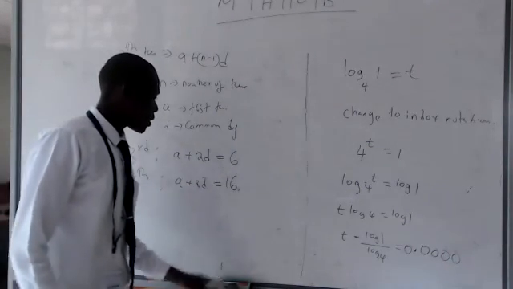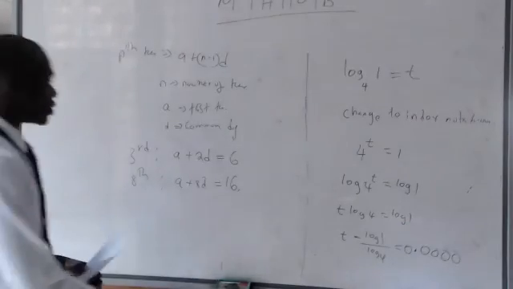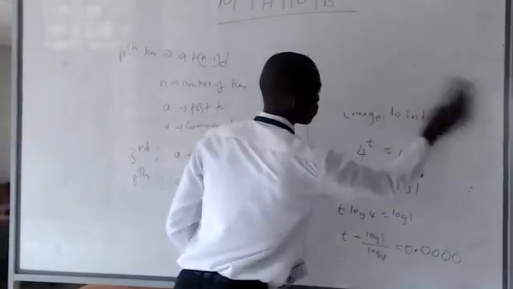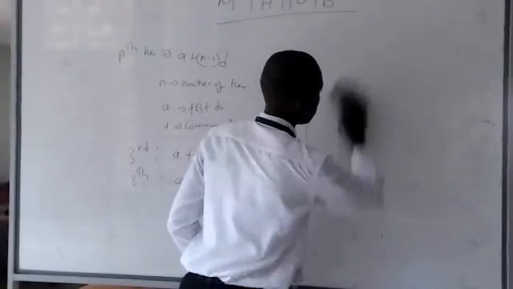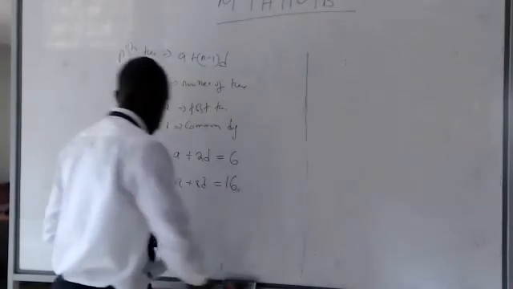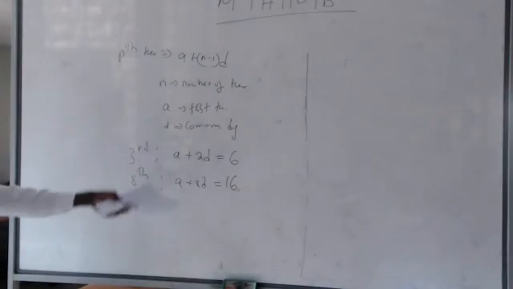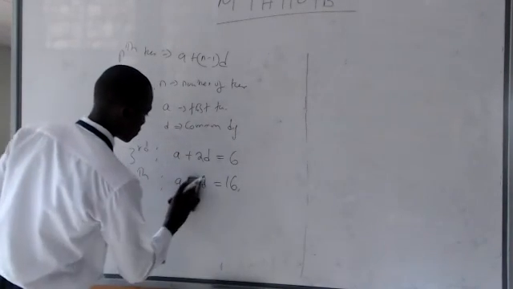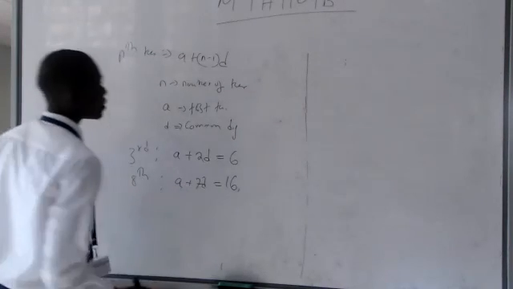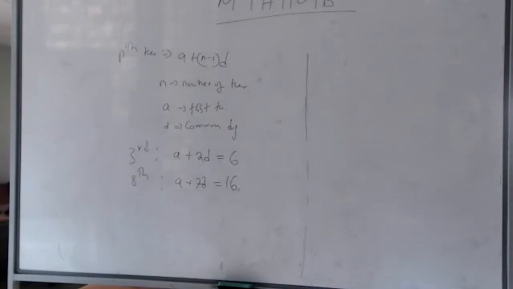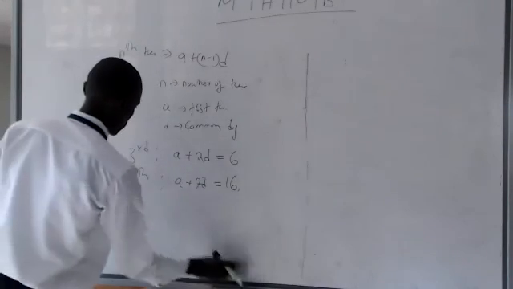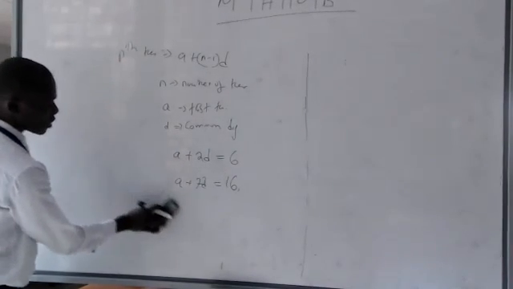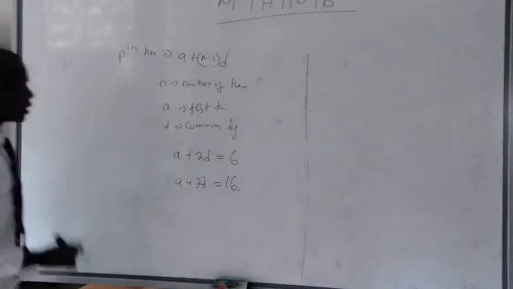We get a system of 2 equations in 2 unknowns, very easy to solve. Use substitution or elimination. You could even use your calculator; there are some calculators which can solve systems. Why isn't it 7? It's supposed to be 7, not 8. Oh, sorry, 7. So 8 minus 1 should be 7. Okay, how do we solve this system now? We want to solve for a and d.